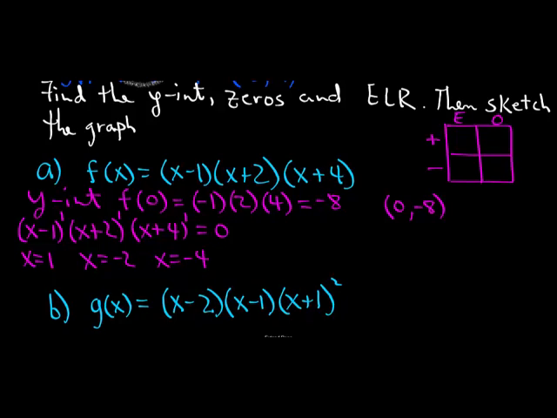We use this information to determine the extreme left and right behavior. In other words, what the polynomial does way out toward positive infinity and way out toward negative infinity. If you have an even polynomial and the leading coefficient is positive, it behaves like x squared, up to the left and up to the right.